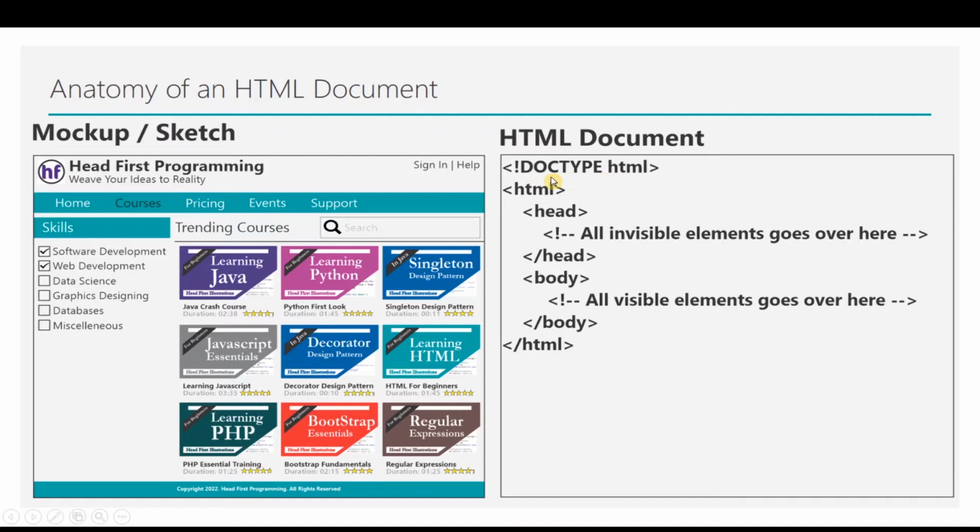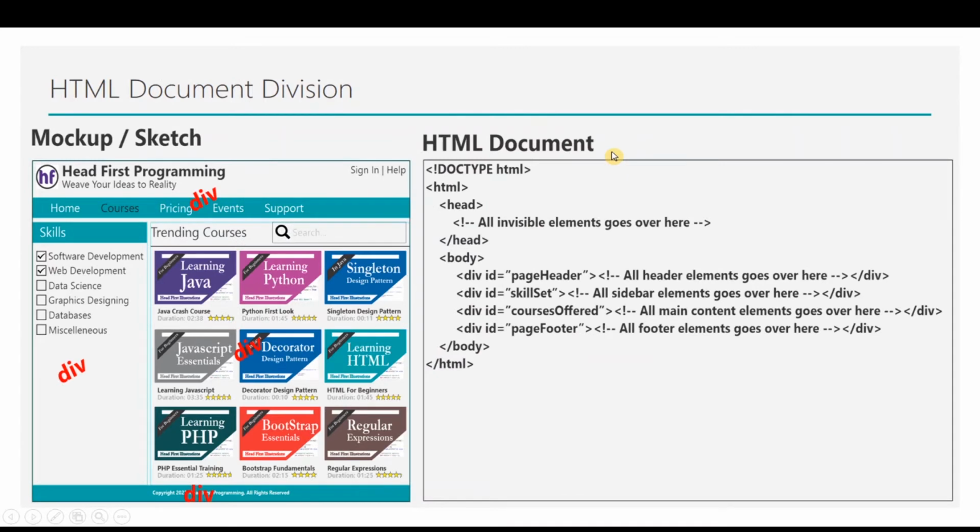So an instructional doctype element followed by the HTML root element that wraps both the head element that defines all the invisible stuff as well as the visible part inside the body element is what defines a valid HTML document.